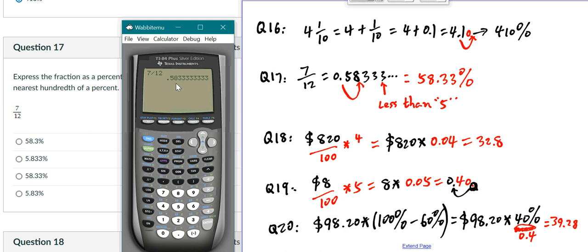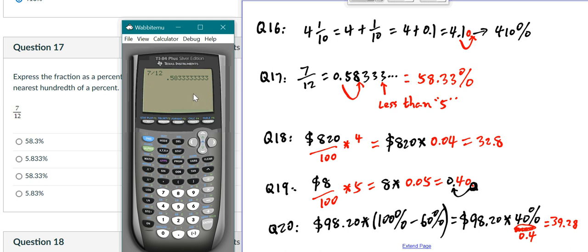You have 0.58 and then 3 repeating. If we want to change this number to a percent, as we did for this one, that will be 2 decimal digits to the right. And you get 58.333 and the 3 repeating.